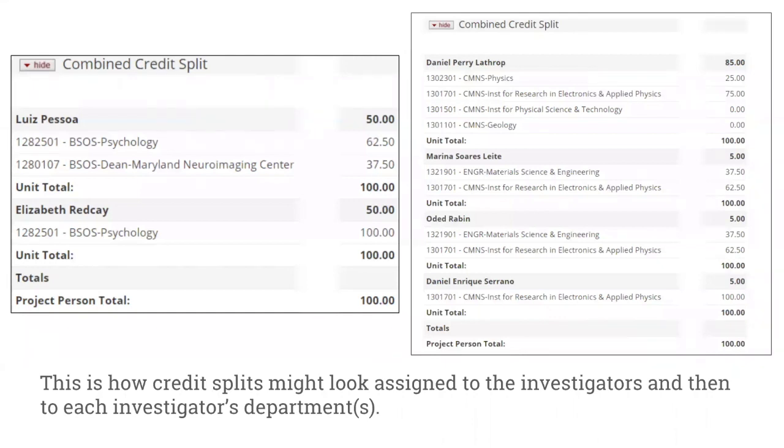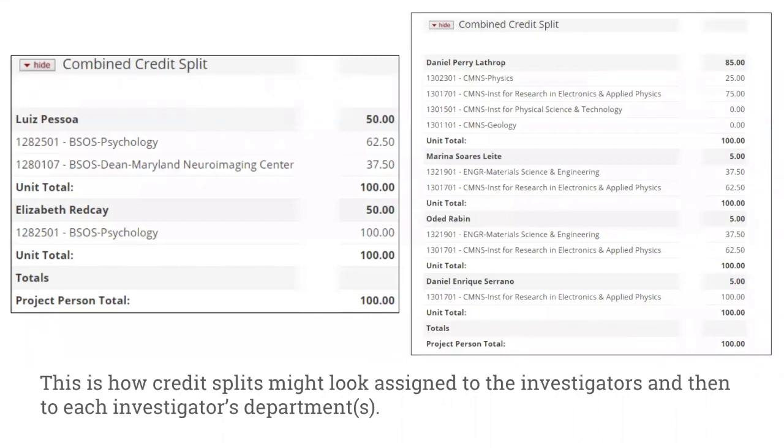By including both the CMNS IPST, Physical Science and Technology, and the CMNS geology units at 0% credit, this assures that this award will appear on all reports underneath these two units. It will appear with $0 once we apply credit split multipliers a little bit later.